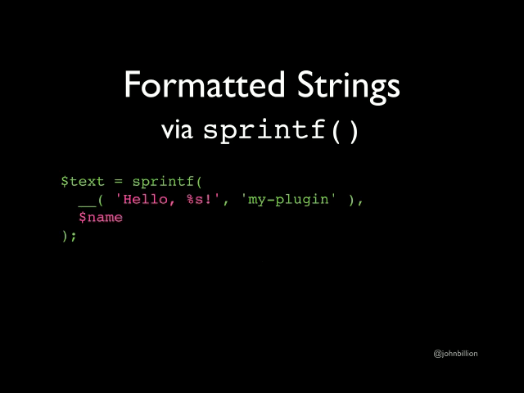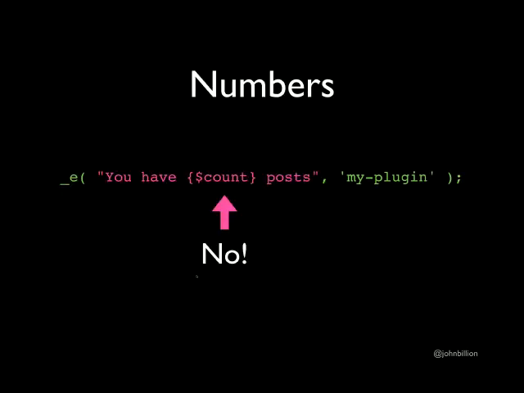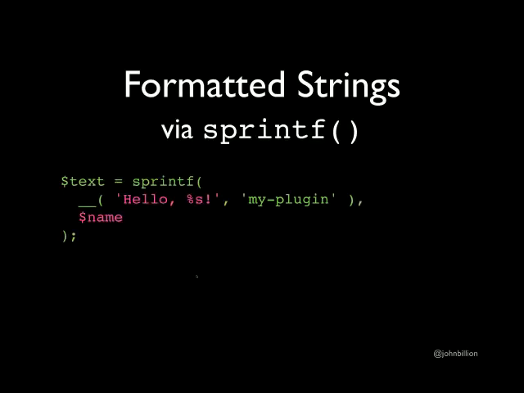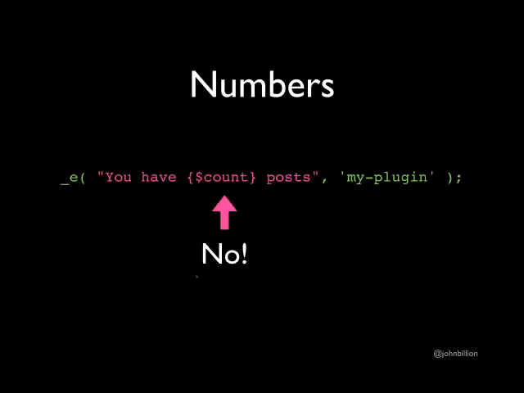And then at runtime, when your plugin loads, you pass the name parameter into the sprintf function, and in this example, the name is probably the name of the currently logged in user, and it will output the phrase hello and then the user's name. This means that the string is translatable. It's going to work. You can have an accurate translation. This is the way to do it.